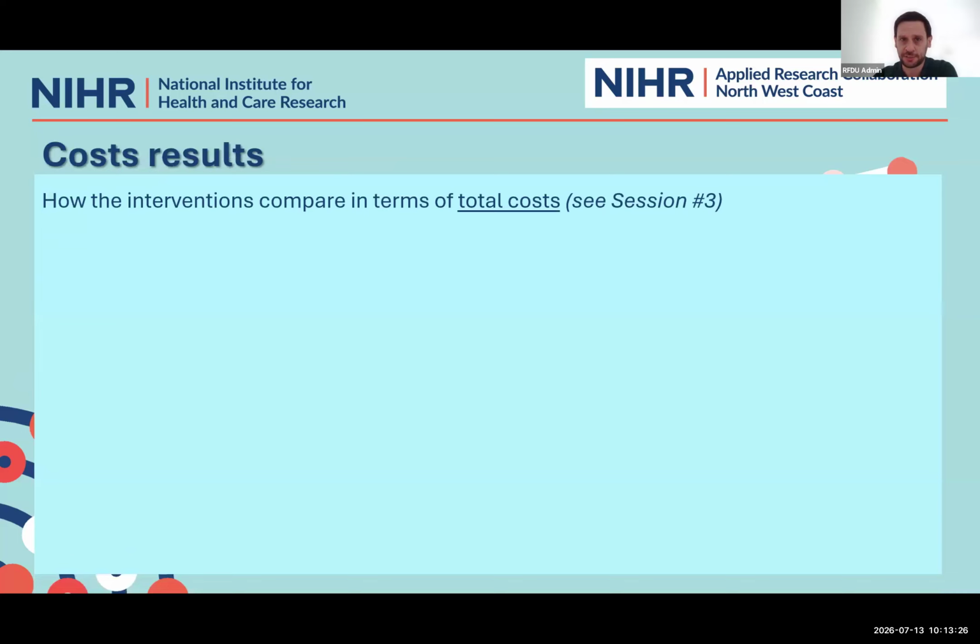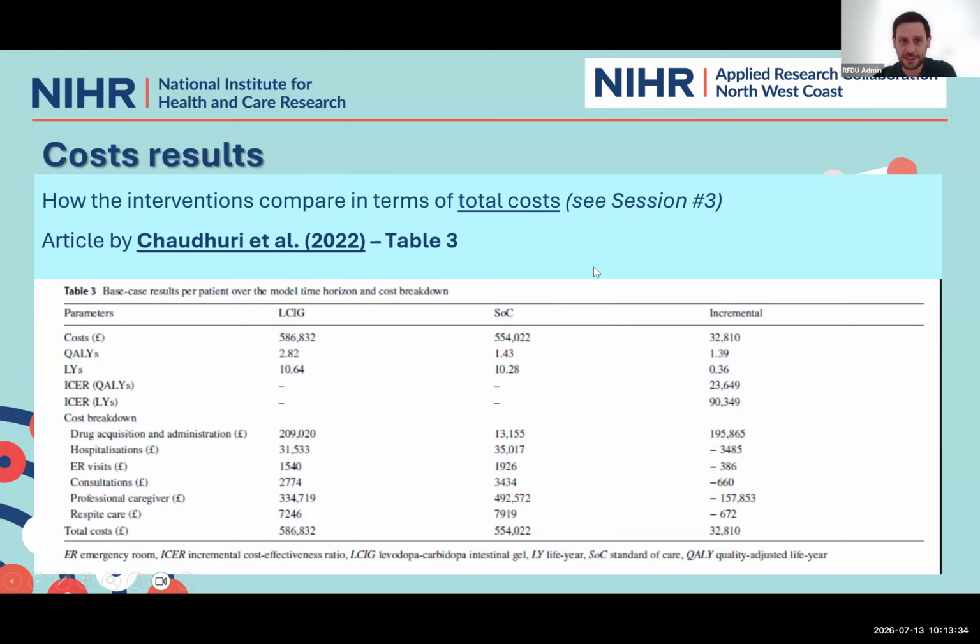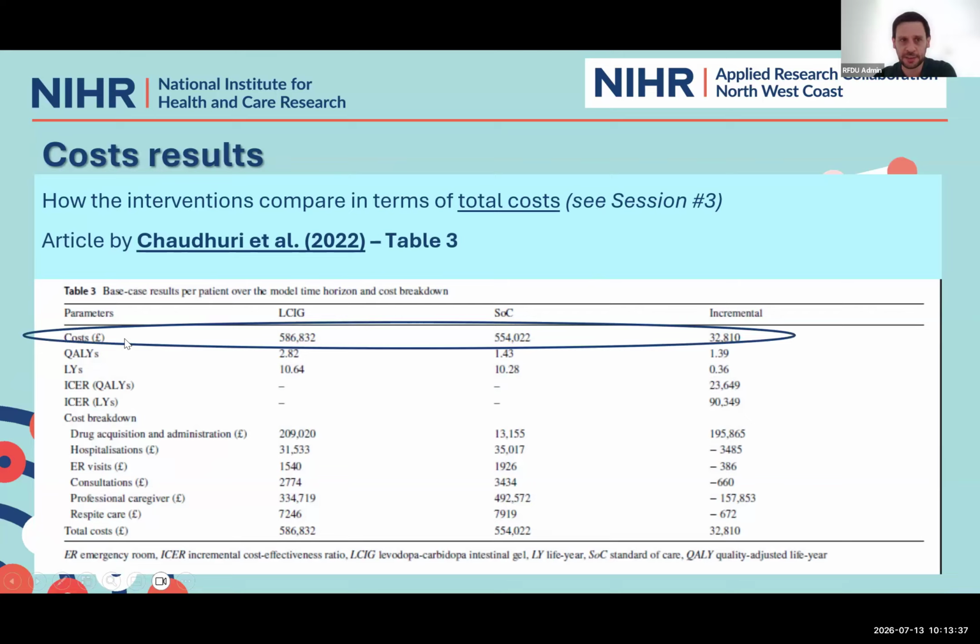Now, let's have a look at the cost results. We are trying to compare the interventions in terms of the total cost, and this is something we covered in session 3. We're looking at the same table, but this time at the first row, which is all about the costs. Costs are expressed in pounds. You can see the cost for the intervention group and the cost for the standard of care group, and they are higher for the intervention group.